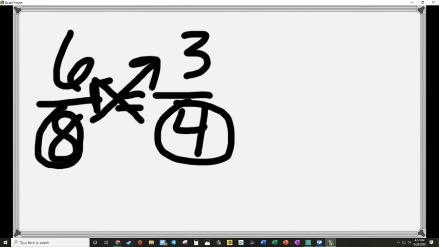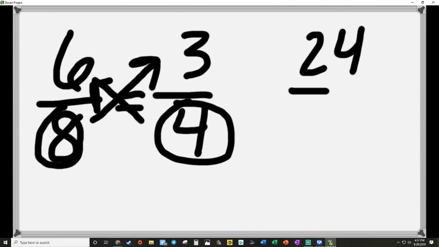If after multiplying they are the same value, that means these ratios are proportionate, or equal to one another. So 8 times 3 is 24, and 4 times 6 is 24 as well. So 6/8 is actually equal to 3/4.